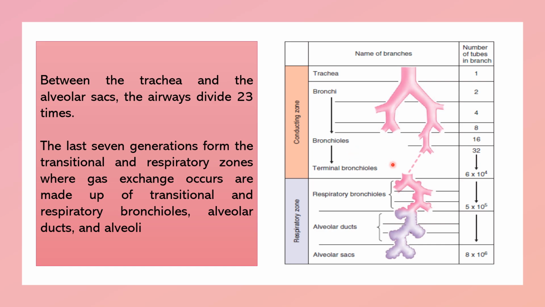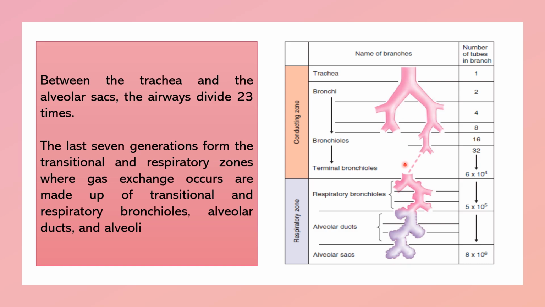Now beyond the terminal bronchiole, the last 7 generations form the transitional and respiratory zones where the gaseous exchange actually occurs. And it is made up of what? It is made up of respiratory bronchioles, alveolar duct and alveolar sac. So we can grossly divide the respiratory areas into two zones.